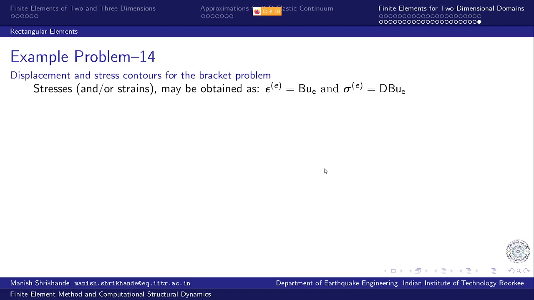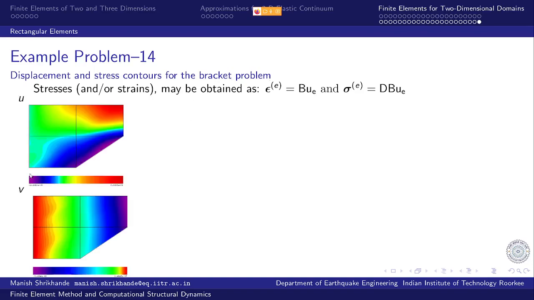And we can go back to the element level equations, and the stresses and strains can be obtained by using strain field equal to strain-displacement matrix multiplied by the nodal displacements, and the stresses can be obtained by using the constitutive matrix multiplied by the strain field. These are the displacement predictions throughout the domain, so u and v, right?